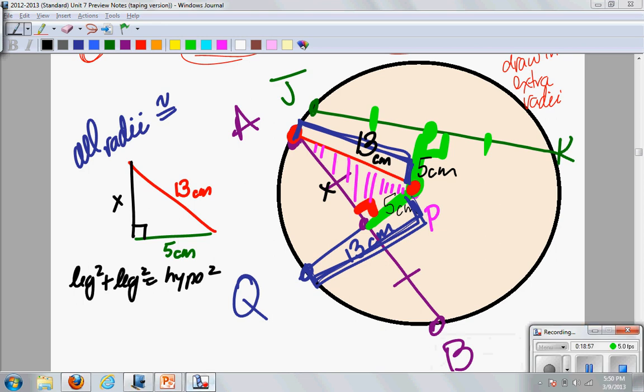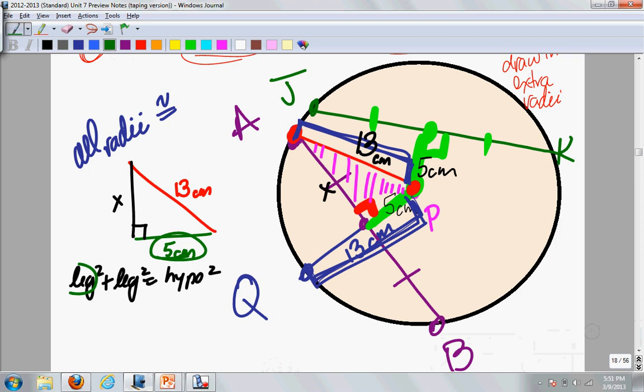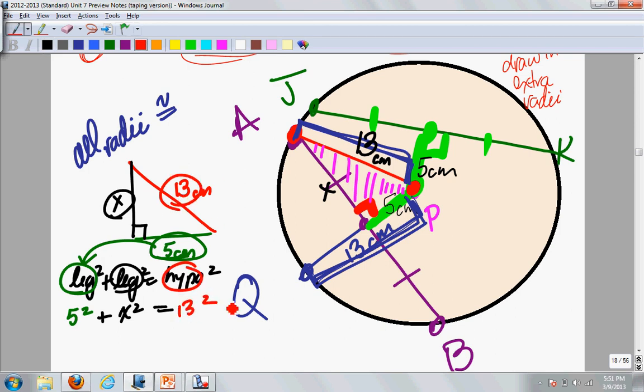Write that down. Let's circle, plug, chug. Leg, leg, 5 squared plus other leg, you don't know it, squared, equals hypo, hypo, 13 squared.